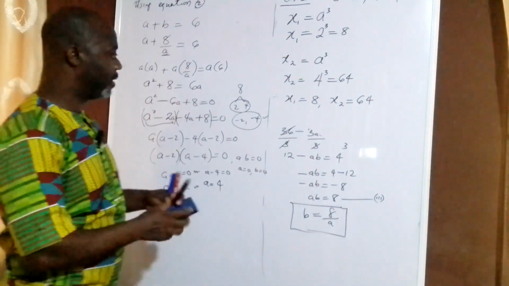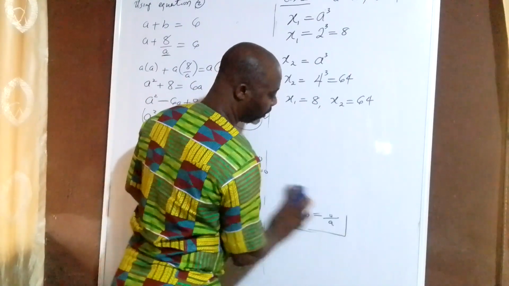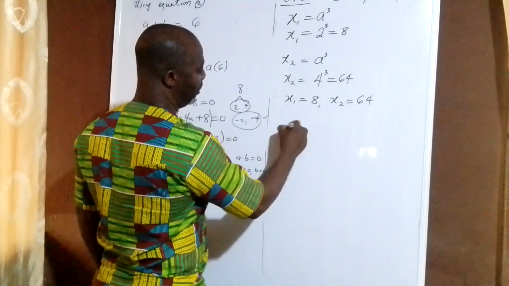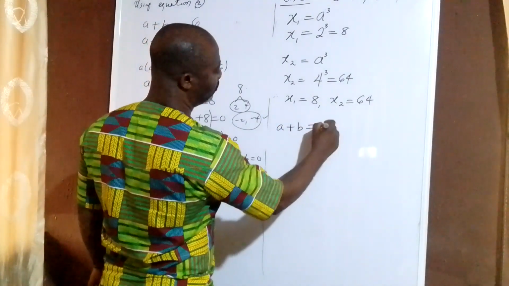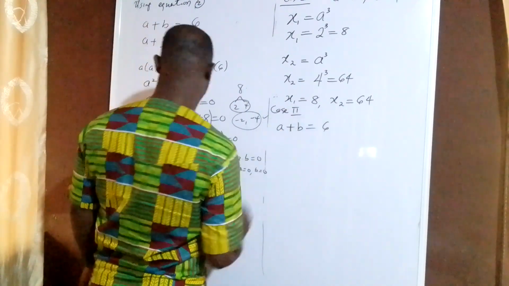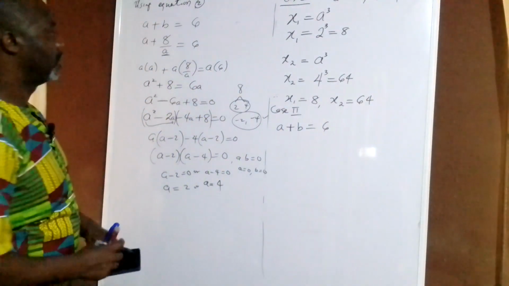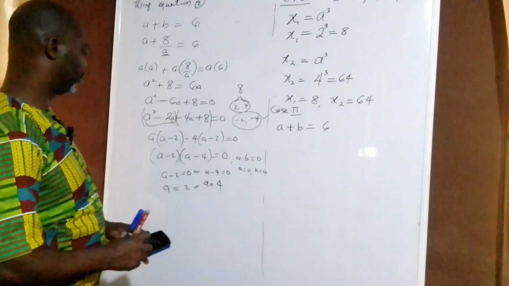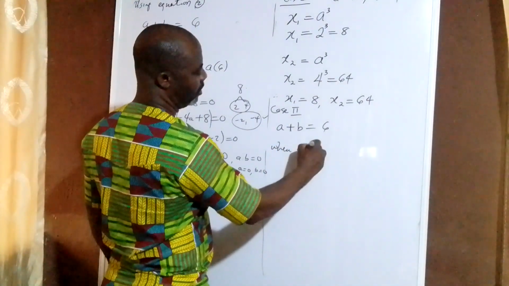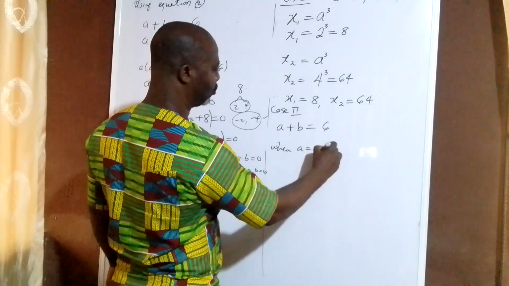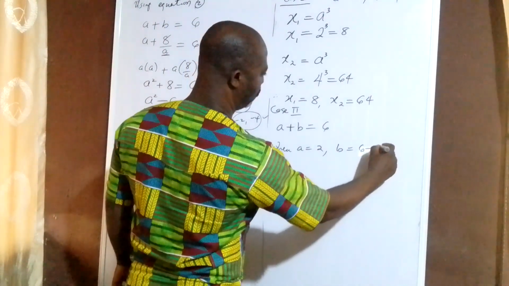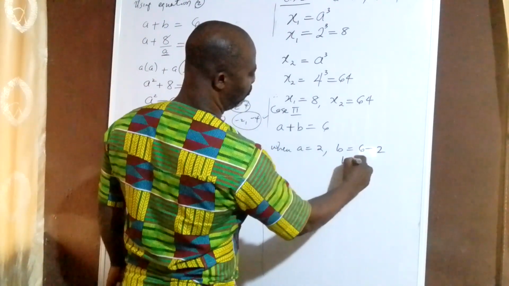Now let's also find for the value of b. Now let's go back to our equation. a plus b equal to 6. This is for case 2 now. Case 2. So when a equal to 2, b will be equal to 6 minus 2, and then b will be equal to 4.